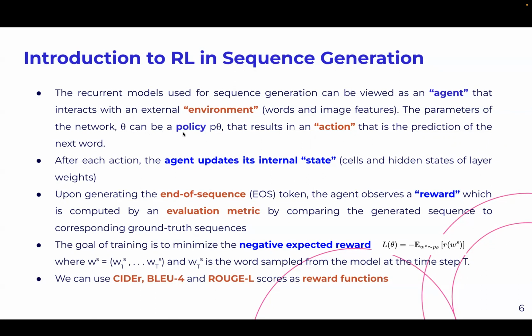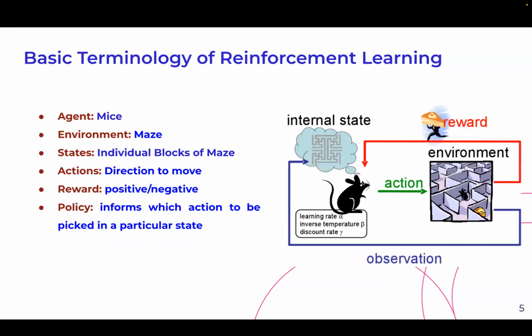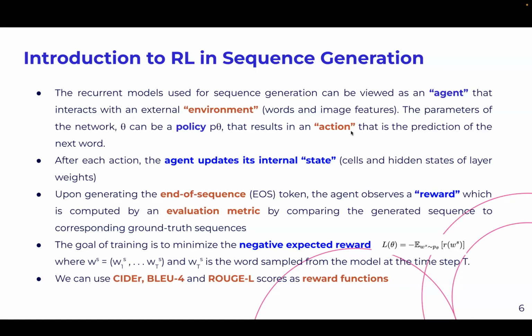That's what the policy means. And the action, here the action was maybe left, right, down. These kinds of actions it has to take in order to reach the exit of the maze. Coming to sequence generation, the actions would be the words in the vocabulary, because that's what you are supposed to predict at each and every time step, right?